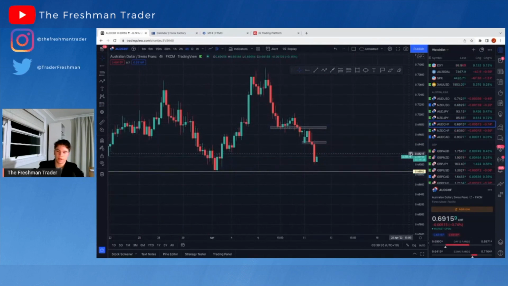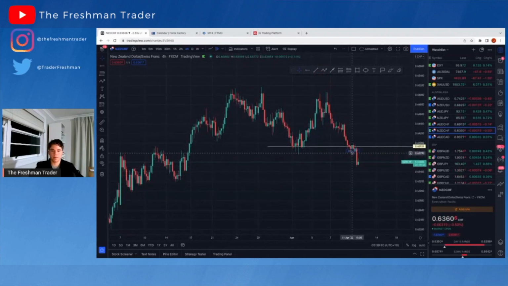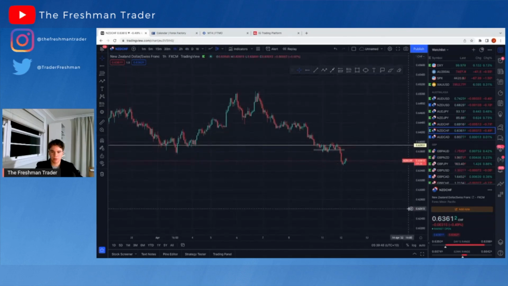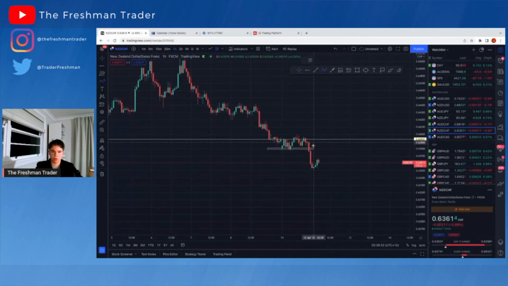just riding this bearish downtrend. New Zealand dollar, Swiss franc, exact same setup. We're just creating a lower low. So if we push back to this previous lower low structure, create that rejection, flip to the 1H so it's a bit more clear. So I want to see price push back here, create this rejection before continuing bearish.